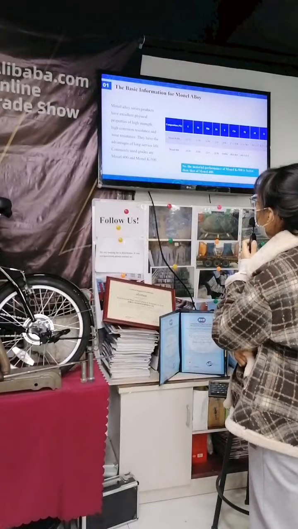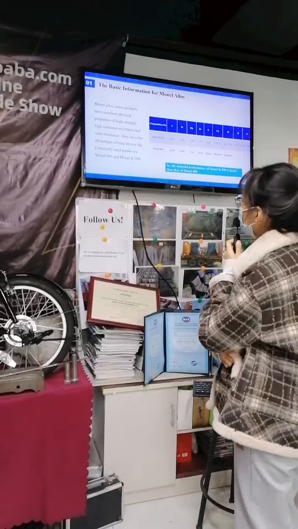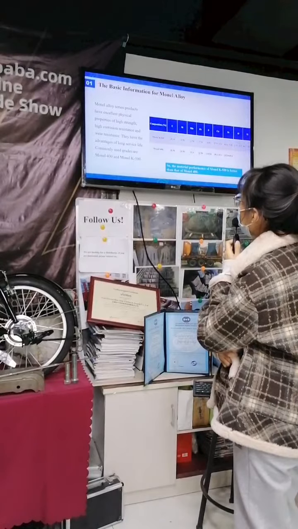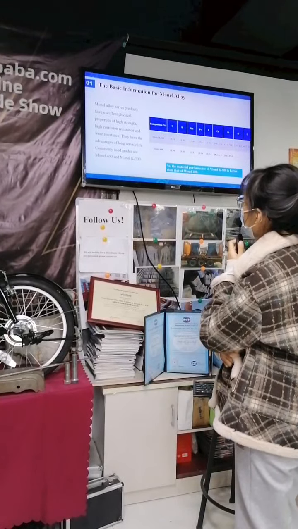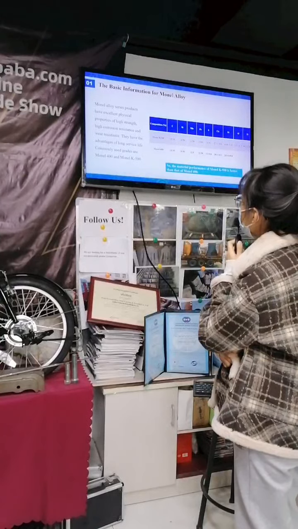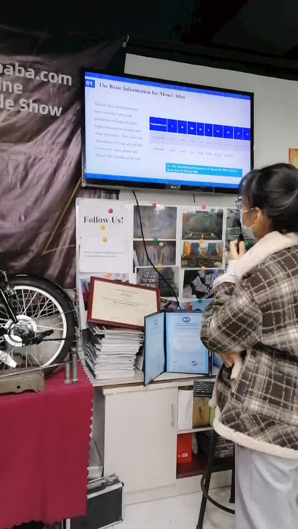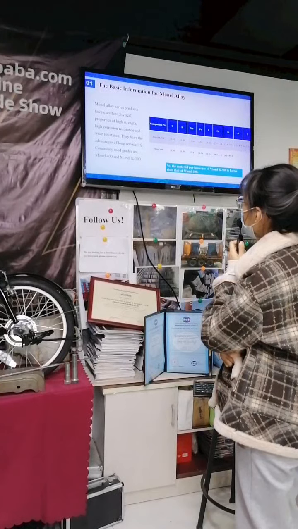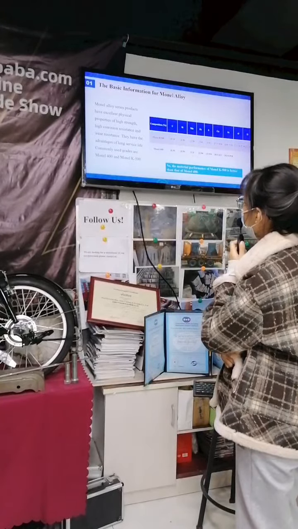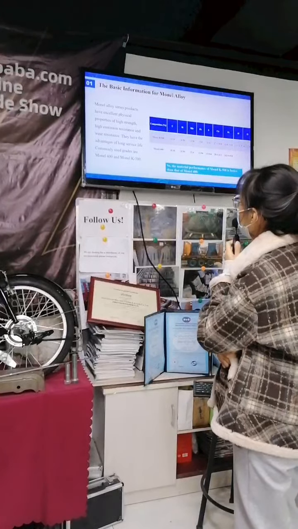The Monel alloy series production have excellent physical properties of high strength, high corrosion resistance, and wear resistance, and they have the advantage of long service life.